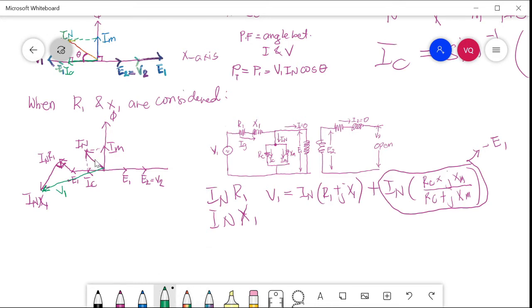So the angle between IN and V1 is angle theta, your power factor. So no load power or input power is equal to input voltage multiplied by no load current cosine angle theta.